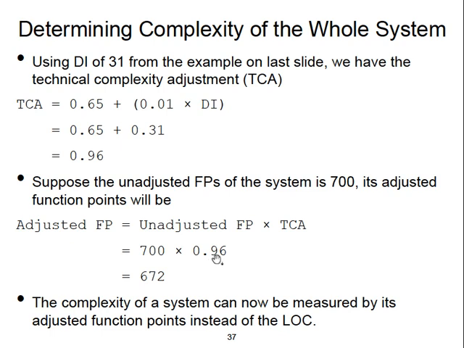So in this case, the adjustment makes it lower. After doing the adjustment, we say that this number of function points is a unit that we can use to estimate the effort to develop this system.